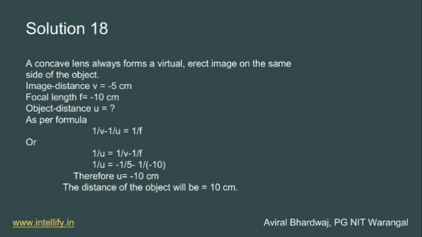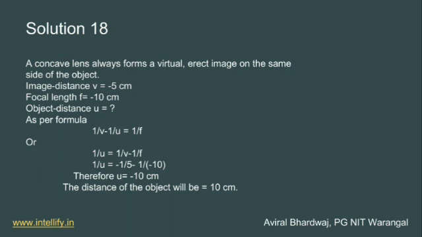The image distance is called V, focal length F, and object distance U. Now we find U, the object distance. The focal length is given as 10 centimeter, but remember this, you always take the focal length of a concave lens negative, minus 10 centimeter, and the image distance is minus 5 centimeter.